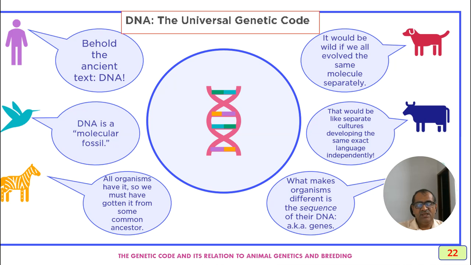Then the DNA, what makes organisms different is especially the sequencing of the DNA, also known as the genes. The terms DNA and genes are often used interchangeably. All organisms have it, so we must have inherited it from common ancestors.